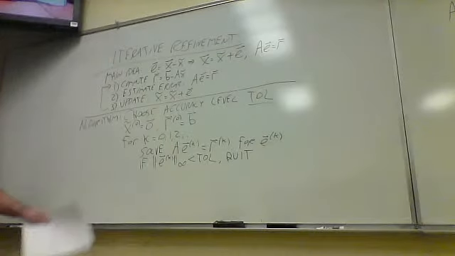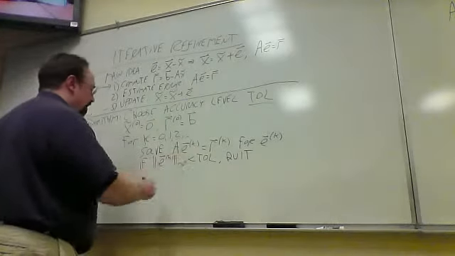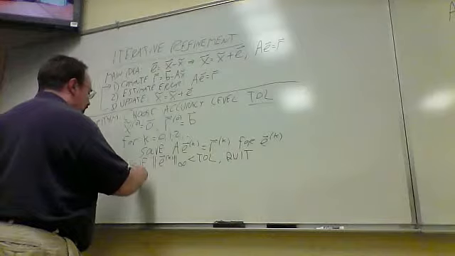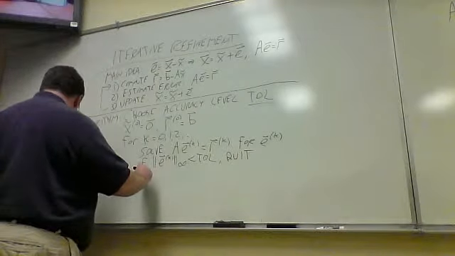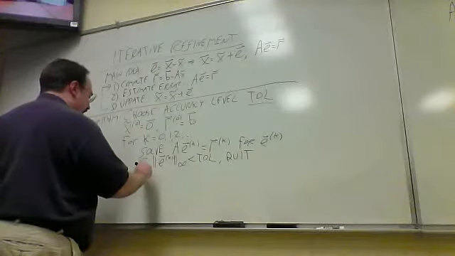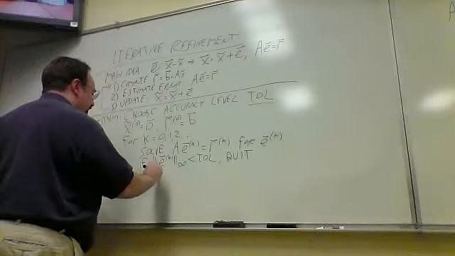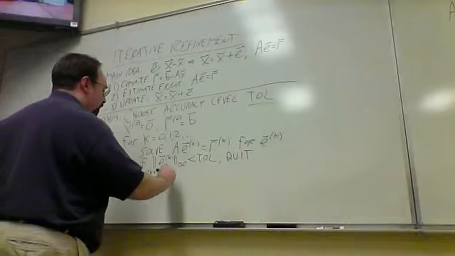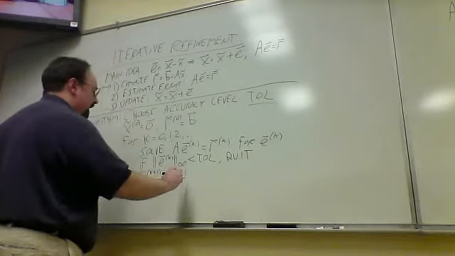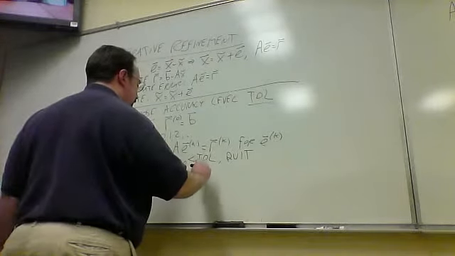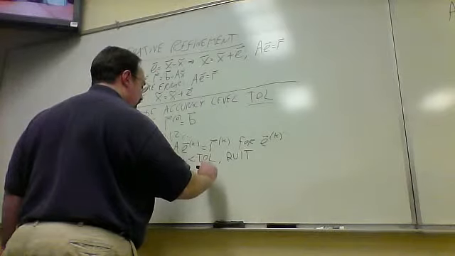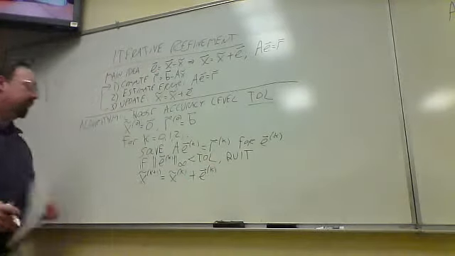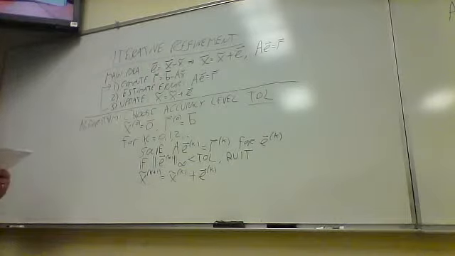Okay, otherwise, we'll update everything. So our new solution, x tilde, and I'll label these iteratively, so x tilde k plus 1 is equal to our previous computed solution x_k, and we'll just add on the error. Okay. So it's this update right here.